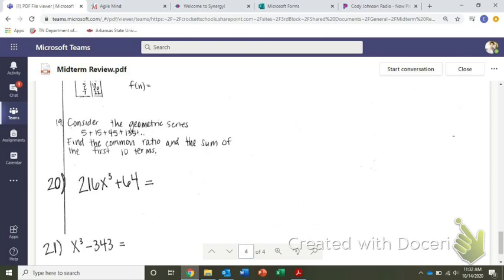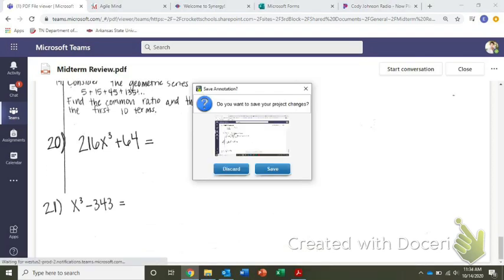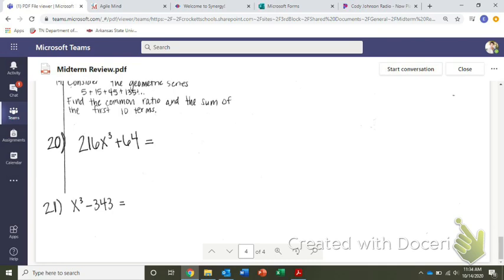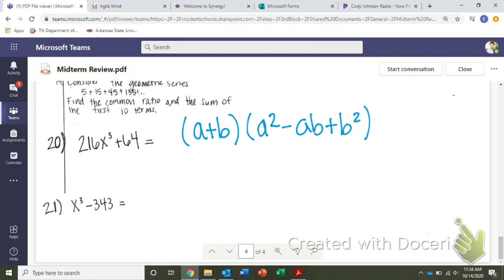So, remember, whatever your sign is on the problem is the sign of your first set of parentheses. So, since this is a plus, it's going to be a plus b. A squared minus ab plus b squared. Take the cube root of both terms.